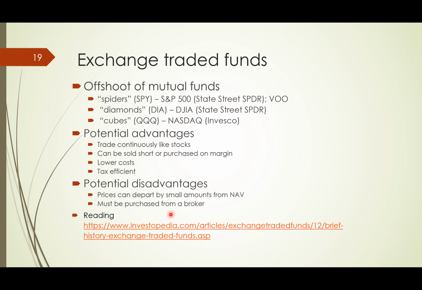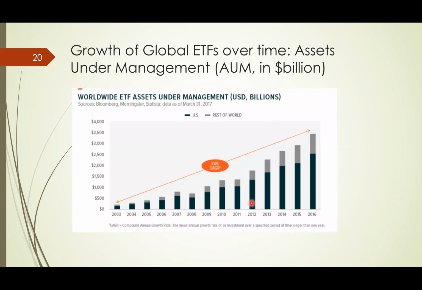I encourage you to read the Investopedia article about the introduction of ETFs. As you can see, the worldwide ETF assets under management has been growing tremendously since the early 2000s. The first ETF, the Spider, was created in 1996, but not until the early 2000s did many ETFs start to be created.